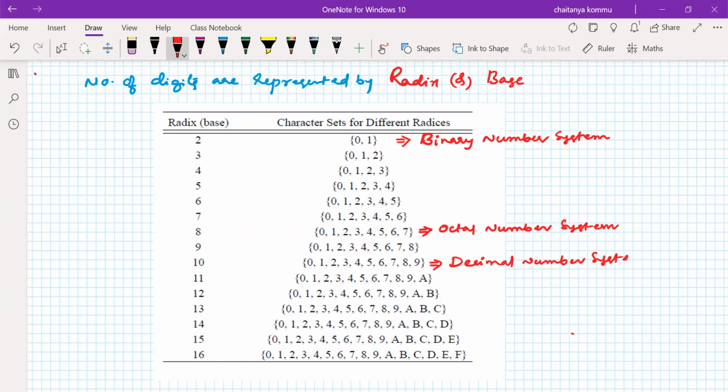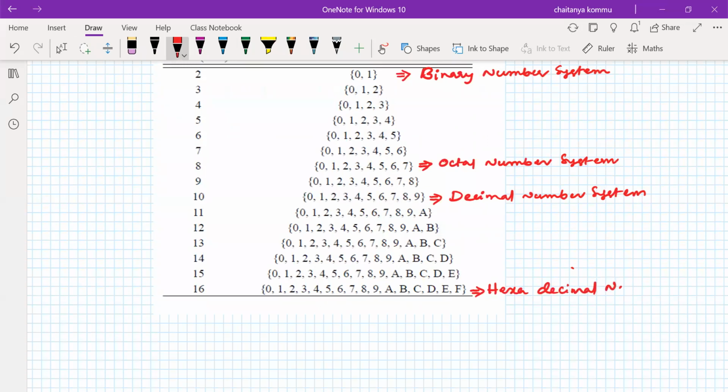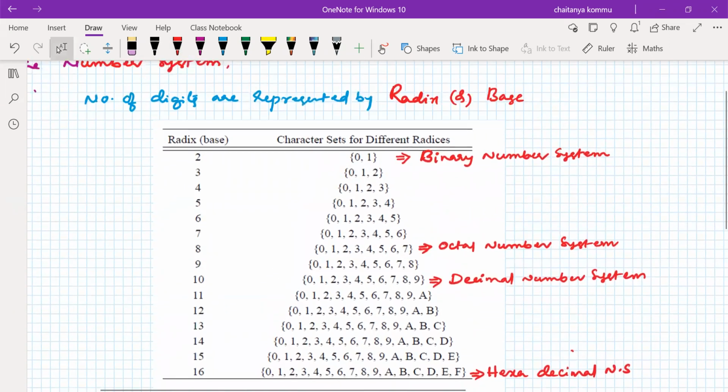And another essential number system is the hexadecimal number system. These are the essential number systems that we would like to learn more about: binary, octal, decimal, hexadecimal. This is what we have seen in the last class.